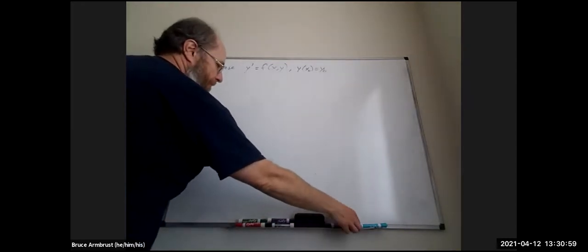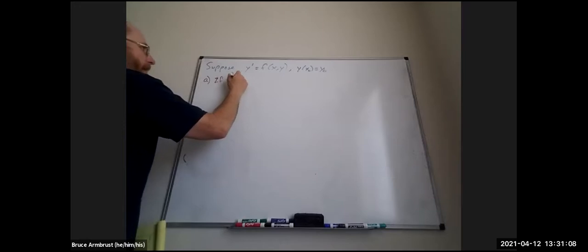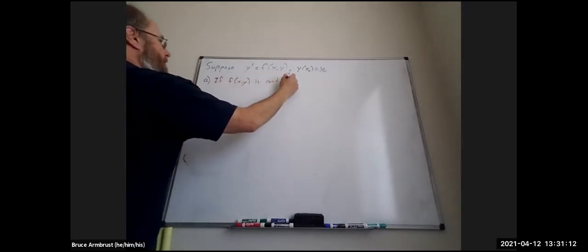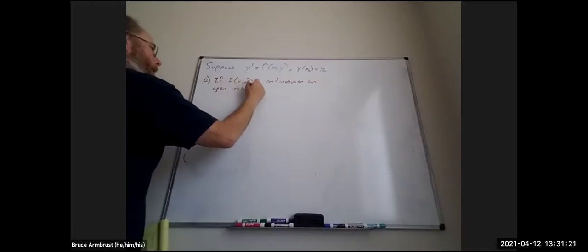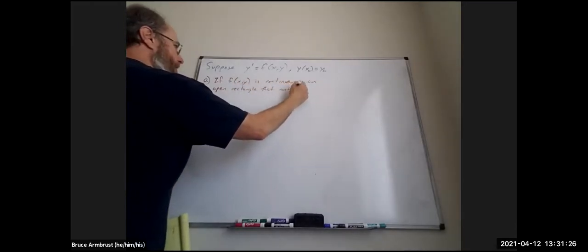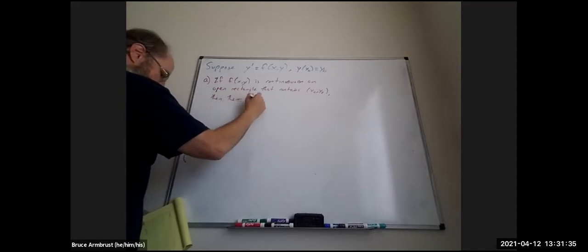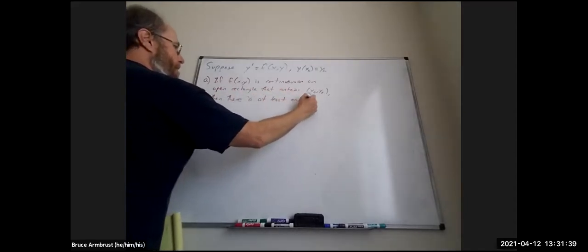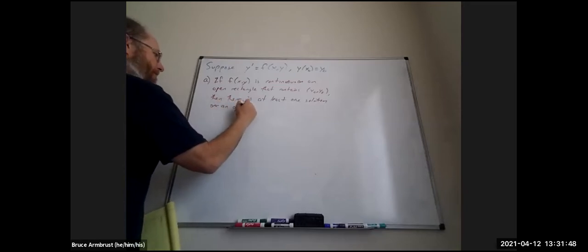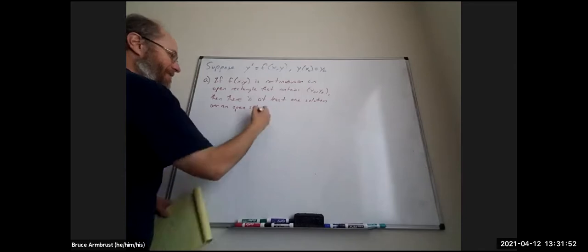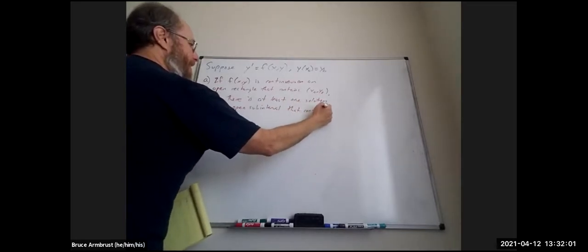Well, here's the first part of the theorem. The first part of the theorem says, I'll call it A, if f is continuous on an open rectangle that contains the point x naught, y naught, then there is at least one solution over an open subinterval that contains x naught.